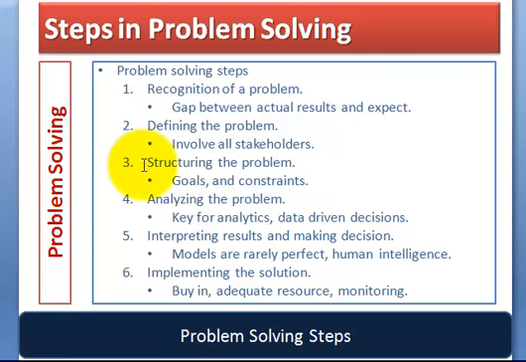Then you structure the problem and you put what are the goals, what are the constraints, what are we trying to achieve, what does success look like, etc. What are some of the constraints? Might be budgetary constraints. Then this is the key area for analytics. Then we come in and we analyze the problem. We take a look at the data, either historically, or we can run some optimization equations.